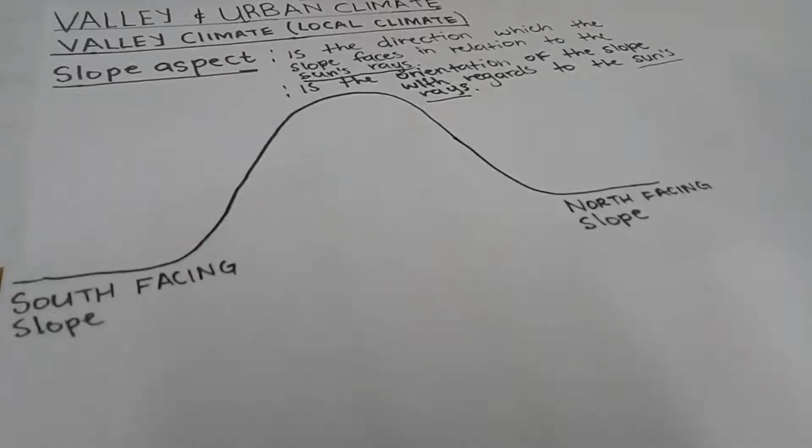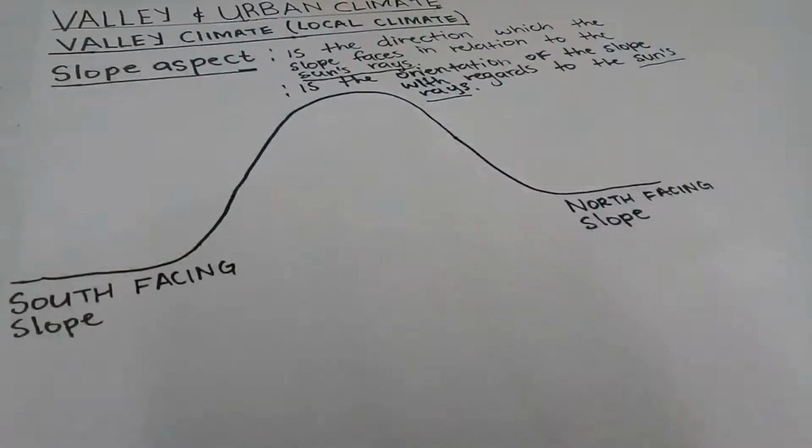All the countries in the southern hemisphere will have both south-facing and north-facing slopes, and also in the northern hemisphere, the local climates or the slopes will have south-facing and north-facing slopes.